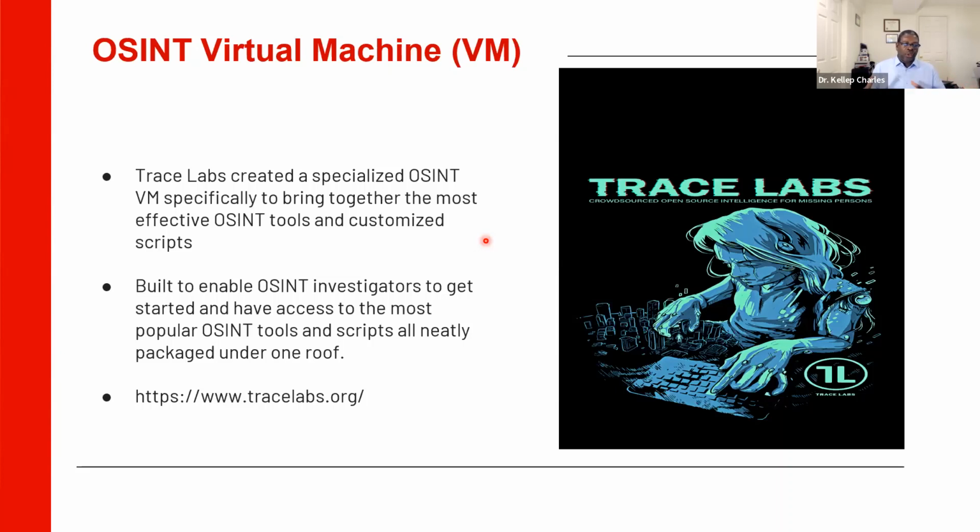Just like, for those who are familiar with Kali Linux for pen testers and hackers, where all the tools that are needed to conduct a hacking or pen test activity are available in that operating system, the OSINT Virtual Machine by Trace Labs is the equivalent for OSINT investigation. It has a lot of really good tools to help the investigator.